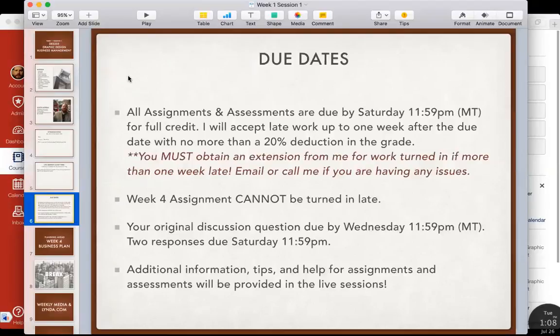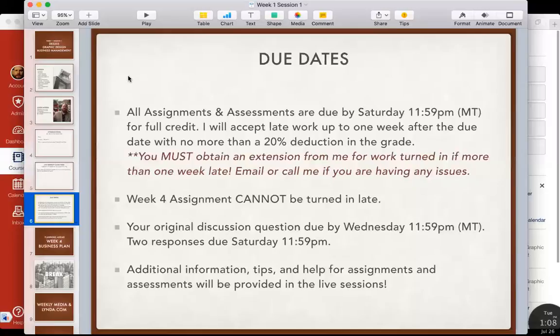But if it's going to be more than a week late, if there's some sort of situation that's caused you to get more than a week late on something, I will still accept it, but you need to just talk to me about it first. So you can call me or email me, and that way we can make a plan and make sure that you're able to catch up by the end of the course. So up to 1 week late, just go ahead and turn it in, and there is the deduction, but definitely better than not turning it in at all. Anything over a week, email me or call me, and we'll get you an extension and talk about things.